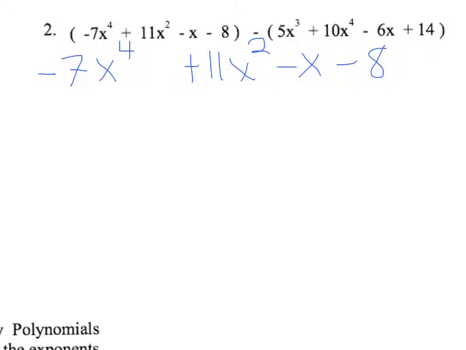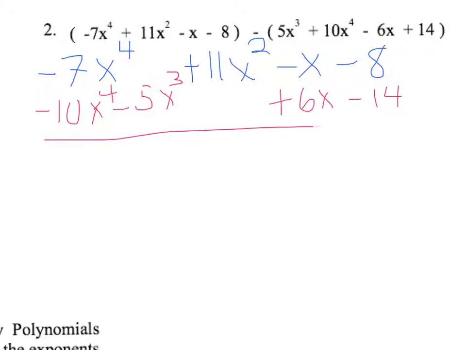There is no third degree term, so I'm going to make its own little column with a negative 5x to the third. I have a negative, well, it's actually positive, but it becomes a negative 10x to the fourth power, so minus 10x to the fourth power. Then I have a positive 6x after I distribute the negative sign. There is no second degree term, so I can skip that. Plus 6x. And then the positive 14 becomes negative 14, minus 14.